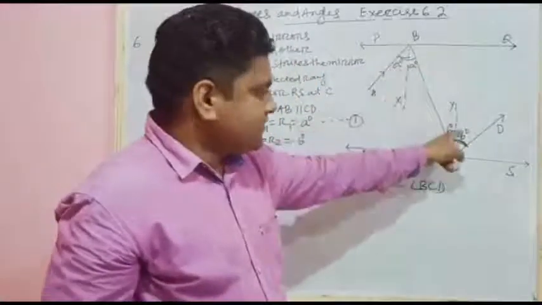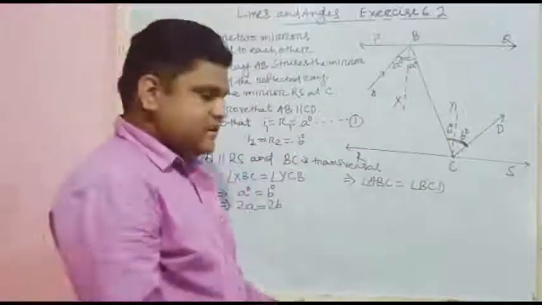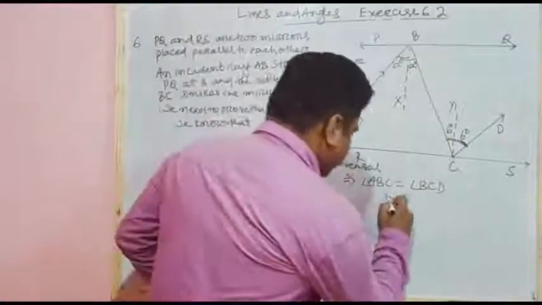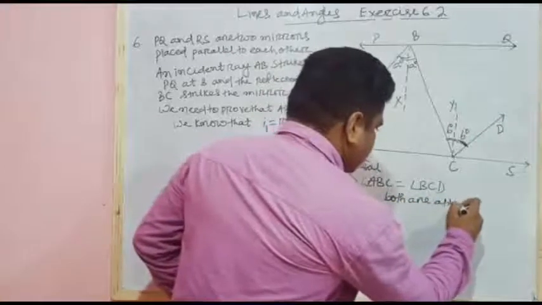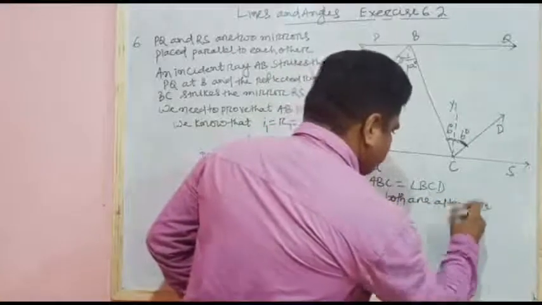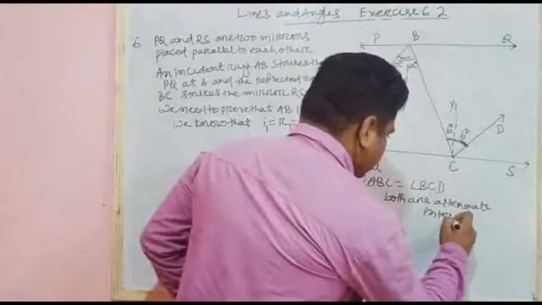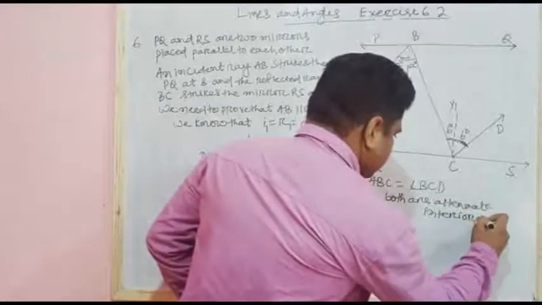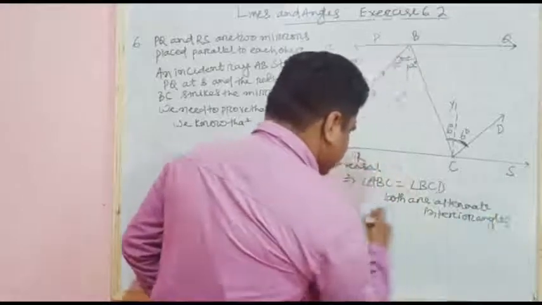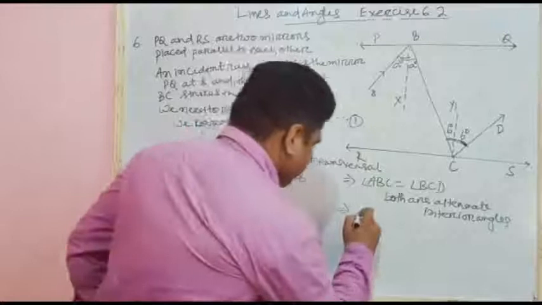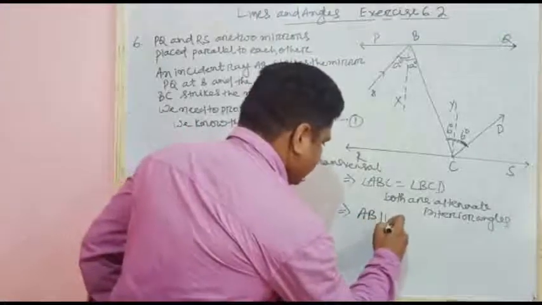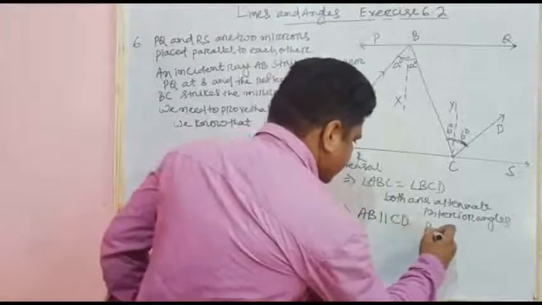So both the angles are called alternate interior angles. We will write both are alternate interior angles. This implies then that the two lines must be parallel, AB parallel to CD. It is proved now.